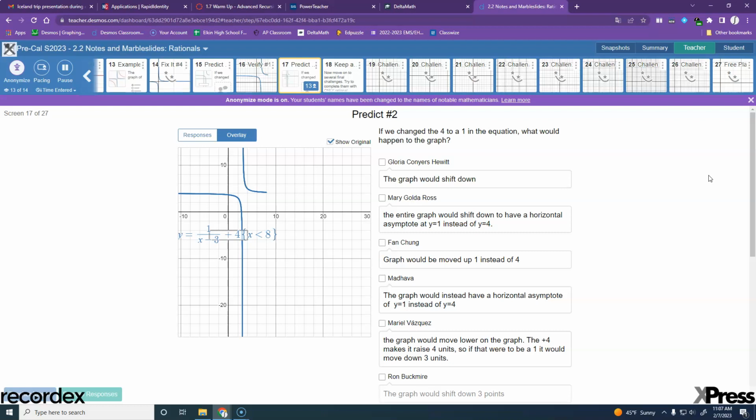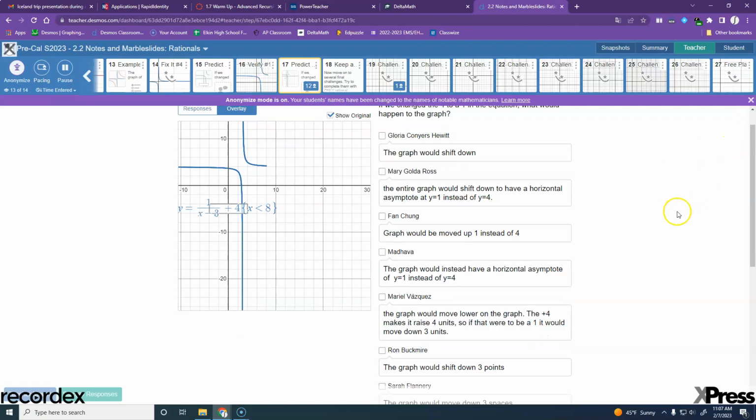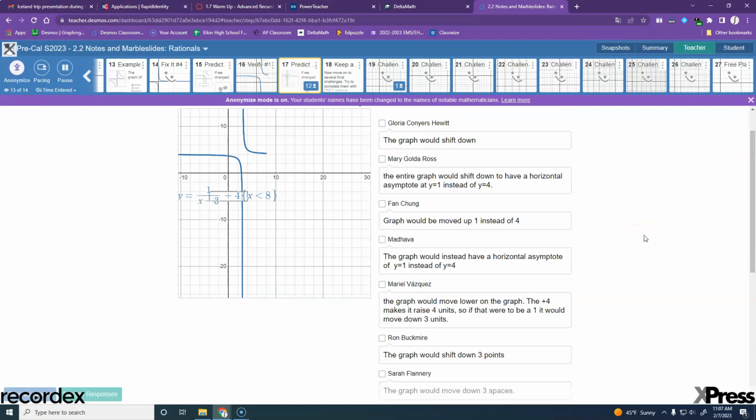I think that that is correct. The way that Mary has said this is beautiful, and it's more specific than Gloria, right? Not that Gloria was incorrect, she just wasn't as specific. But, you know, this was a free response question there. All right. Graph would be moved up 1 instead of 4.